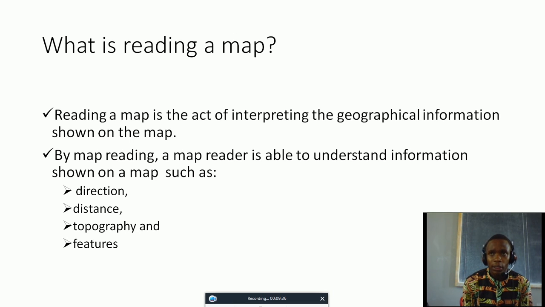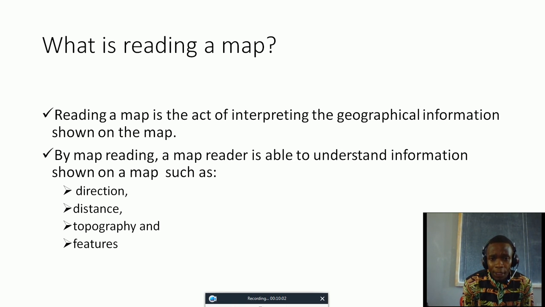This one is a church, because maybe they see what? They see a cross, or they see a moon and a star. So they interpret, they say, this one is a mosque. So reading a map is that situation of interpreting the geographical information shown on the map.